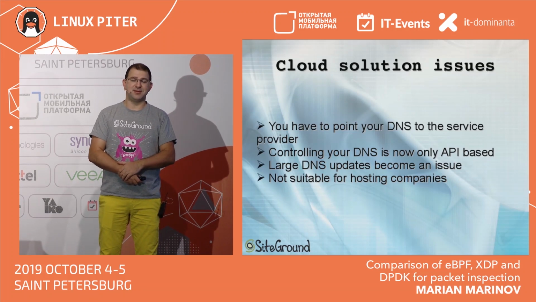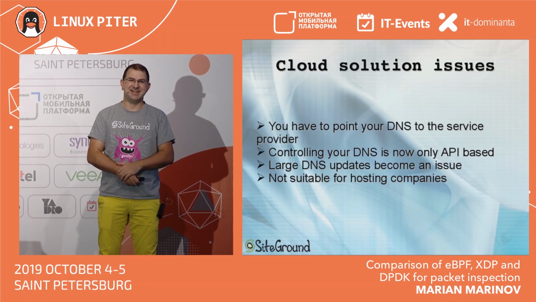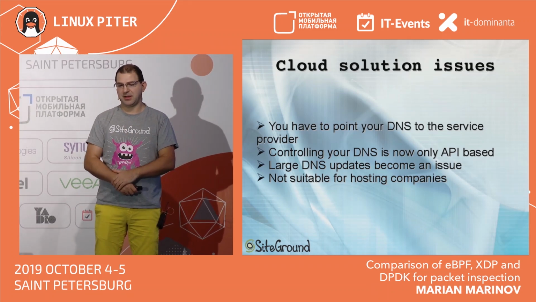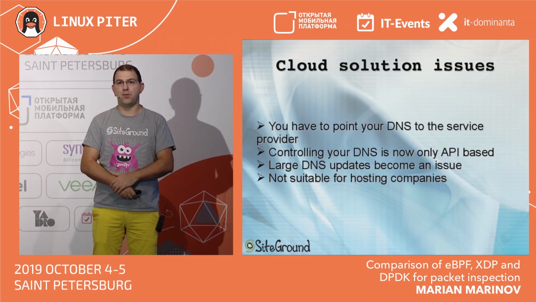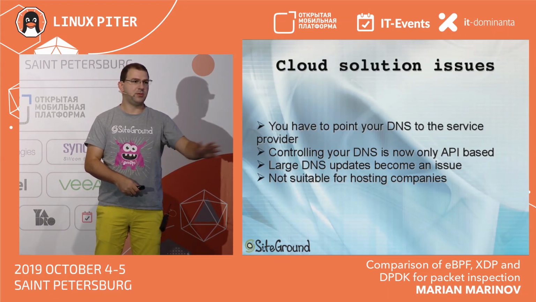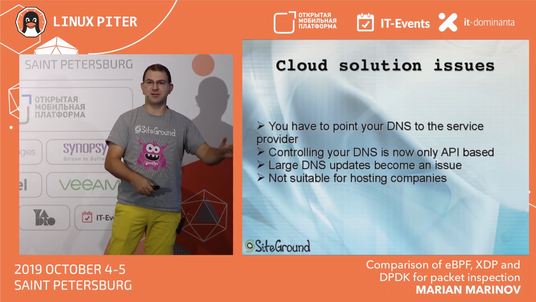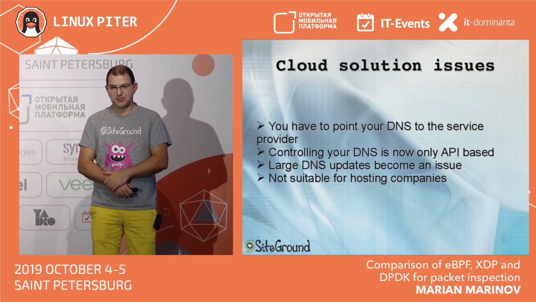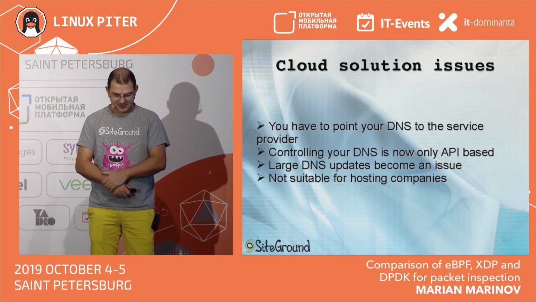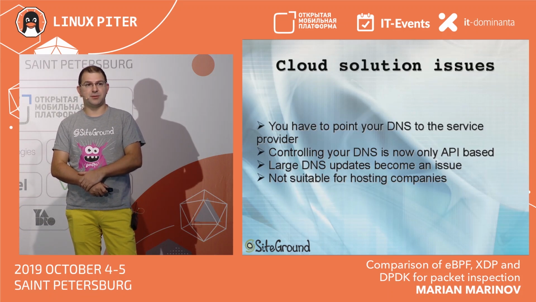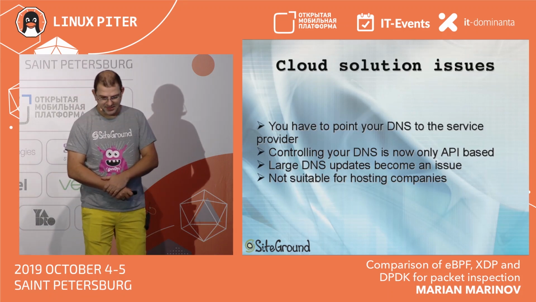But we are a hosting company. We have millions of domains. Bulk actions on these APIs usually take a lot of time. So now, instead of using a set command on a few servers or a few hundred servers and fixing stuff for us, changing something, now we have to wait for an API call to finish and hope it actually finished. So this is not suitable for large hosting companies like ours.